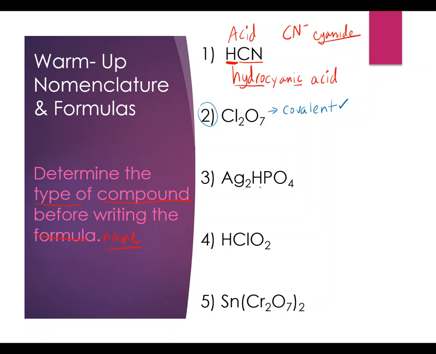What's the system to use? Prefixes. Good. Now, the only time we wouldn't use a prefix is if the first one was a 1, but this isn't a 1, this is a 2. So what is the prefix for 2? Di. So this is going to be di, and then you just write the element name, chlorine. Dichlorine.